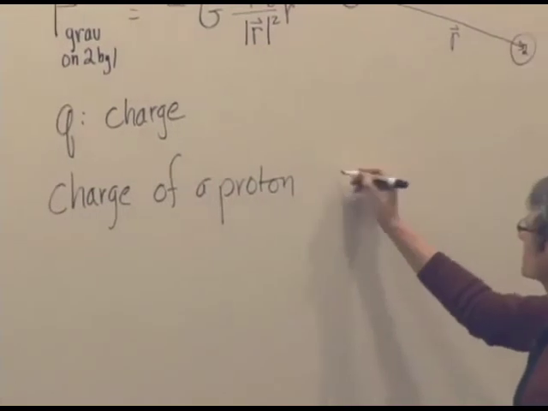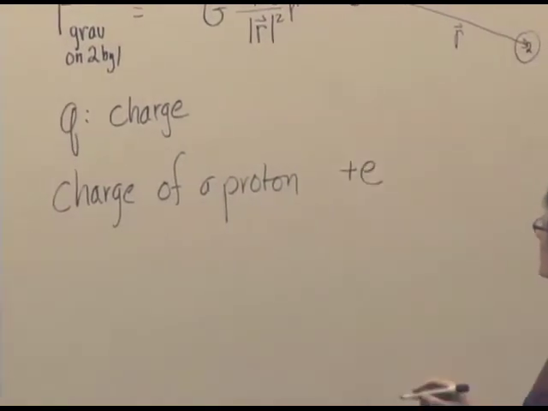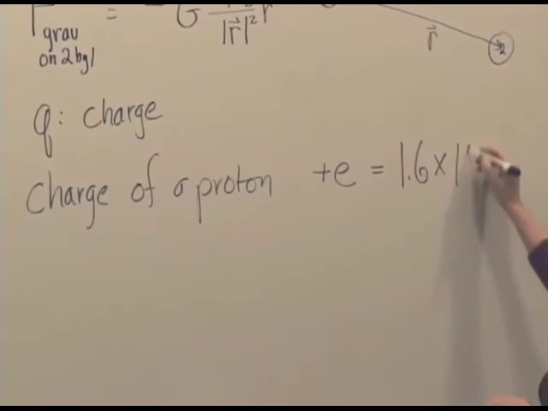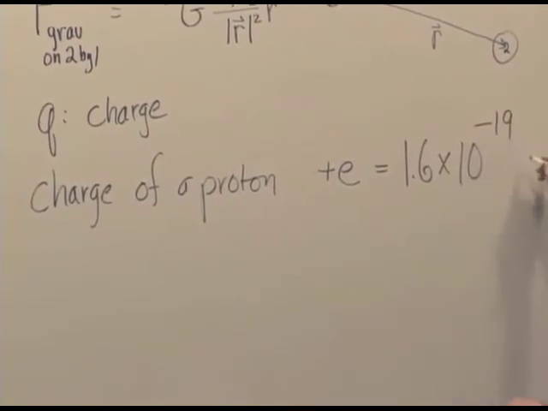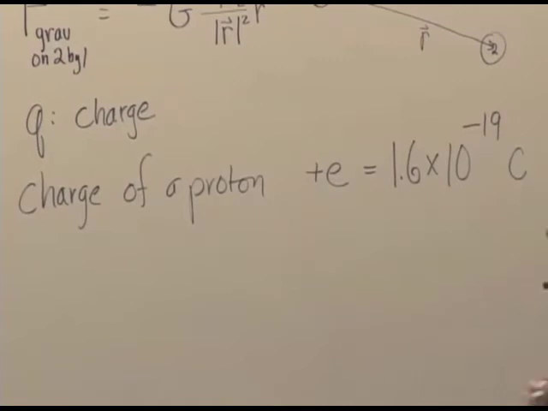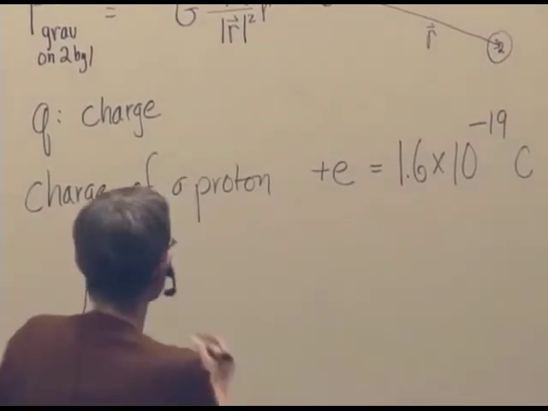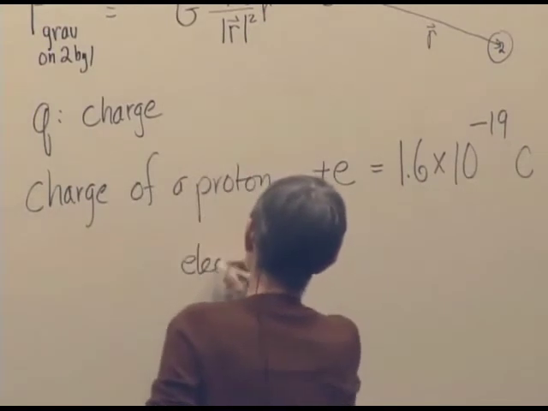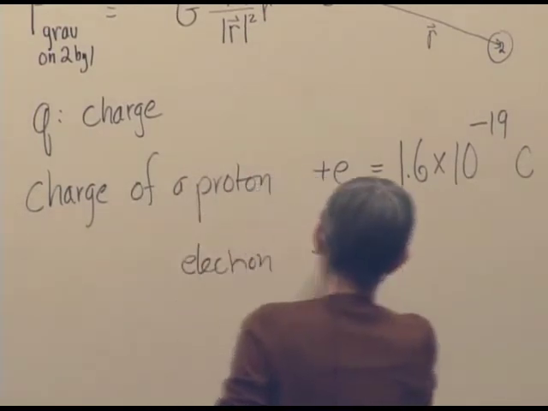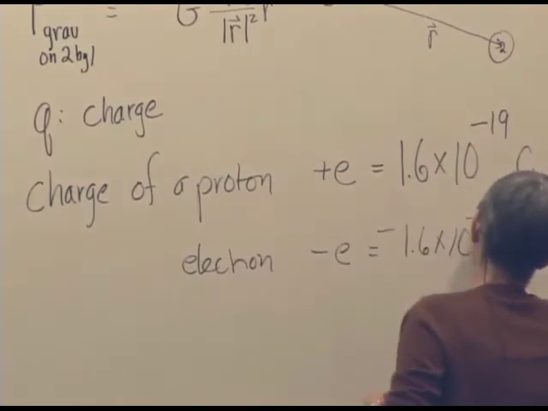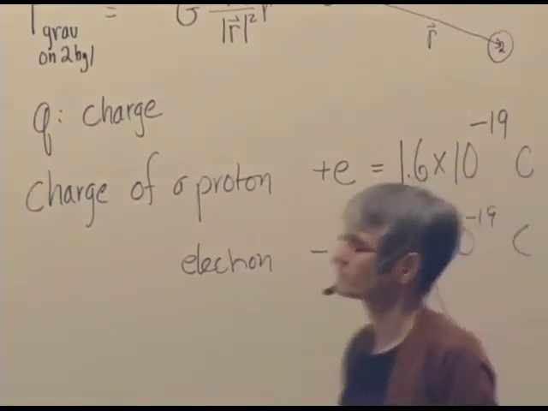So unfortunately, the symbol is plus little e, and its value in SI units is 1.6 times 10 to the negative 19 coulombs, which is the SI unit of charge. And the charge of an electron is negative e, so that's negative 1.6 times 10 to the negative 19 coulombs.